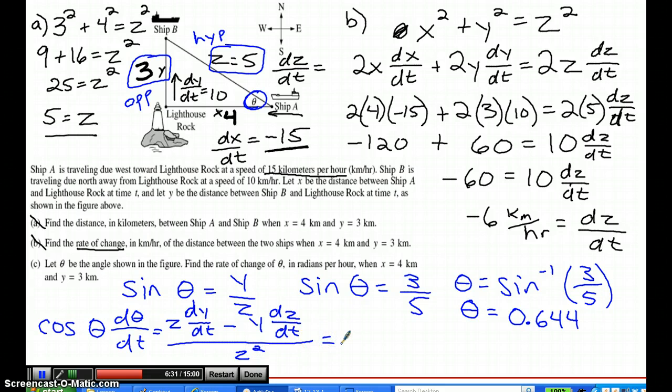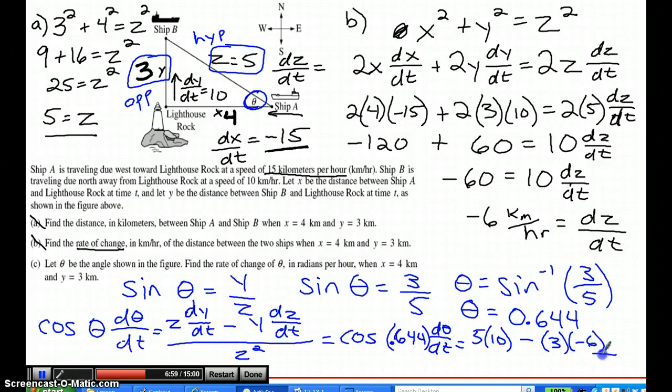So some plugging in, we're going to find the cosine of 0.644 d theta/dt equals 5 times 10 minus 3 times negative 6, all over 5 squared, so I'll just put 25.